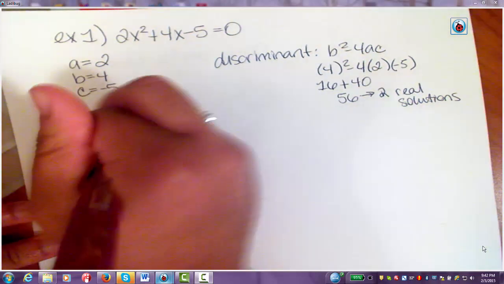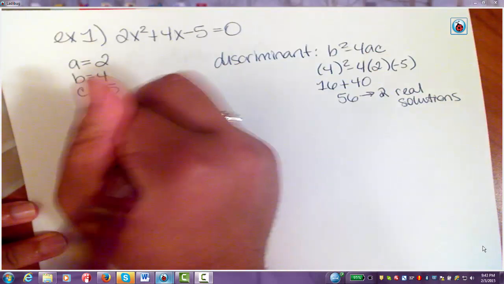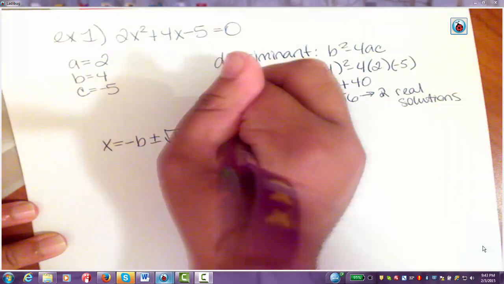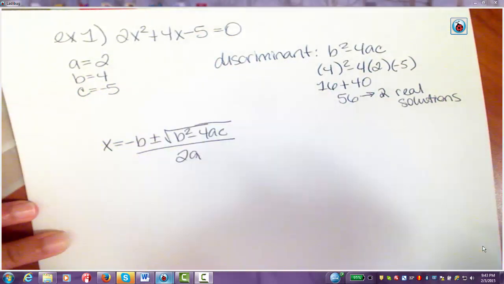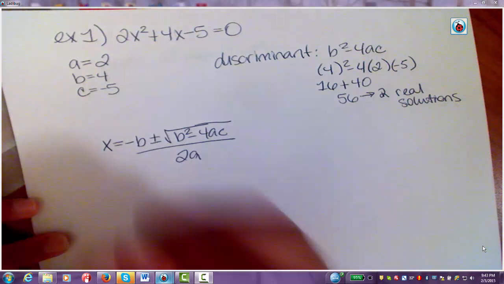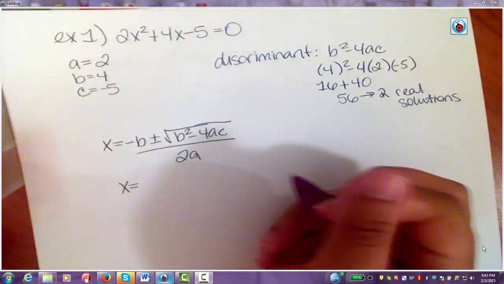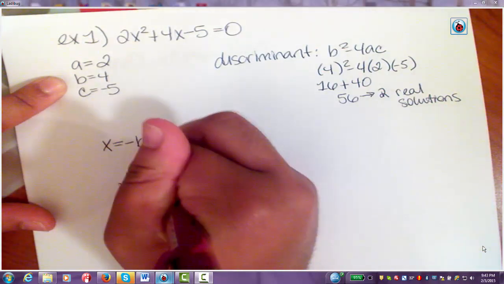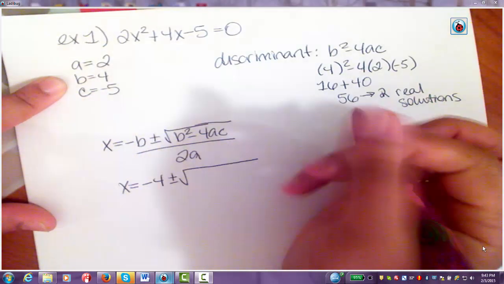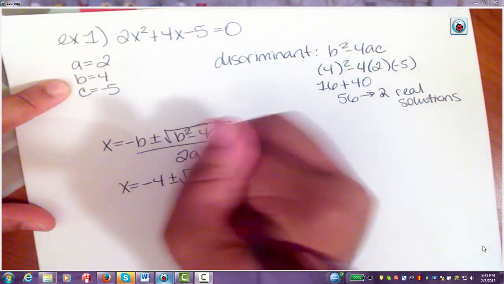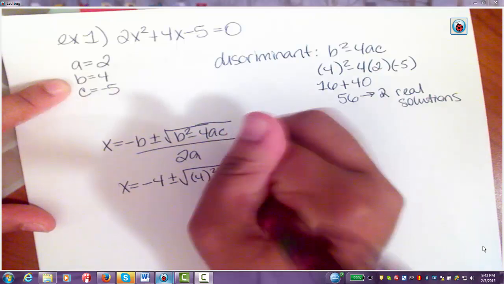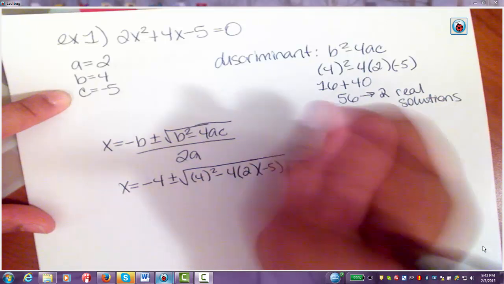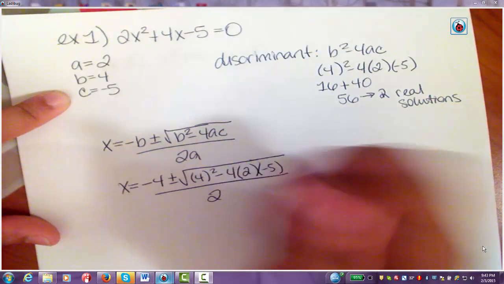So remember, the quadratic formula is x equals negative b plus or minus the square root of b squared minus 4ac all over 2a. Now we can substitute our values. So x equals, b is 4, so negative b would be negative 4, plus or minus the square root of b squared, 4 squared, minus 4, a is 2, c is negative 5, all over 2a.